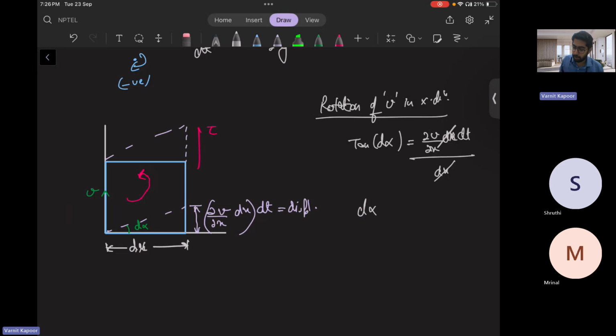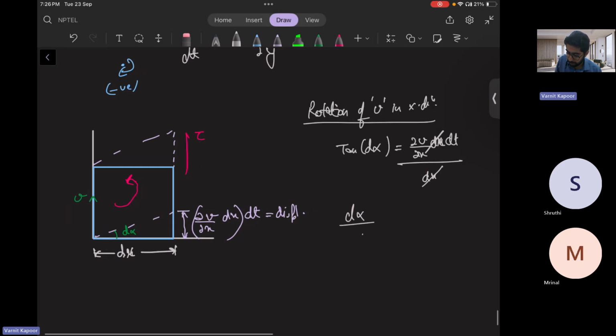For a small rotation, tan dα can be written as dα, so dα by dt from the right hand side is ∂v/∂x. Let us suppose this is nothing but your omega 1, and it is in the anti-clockwise direction. That was clockwise; this one is in the anti-clockwise direction.